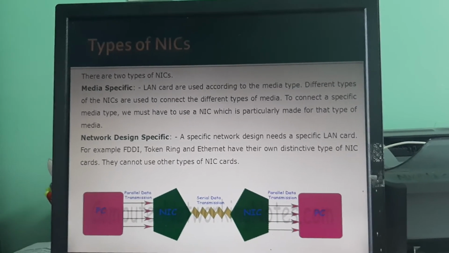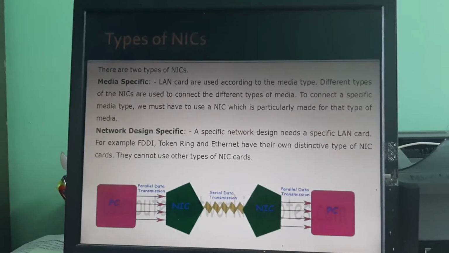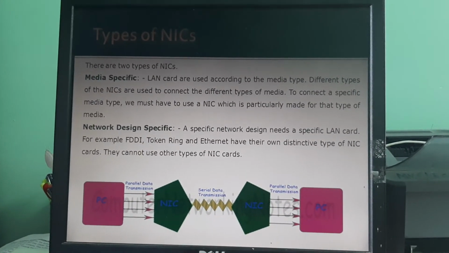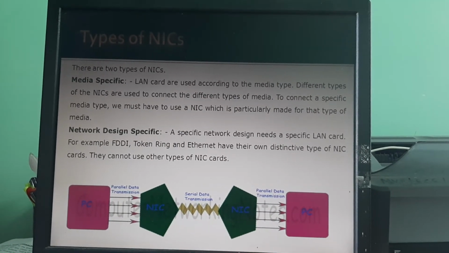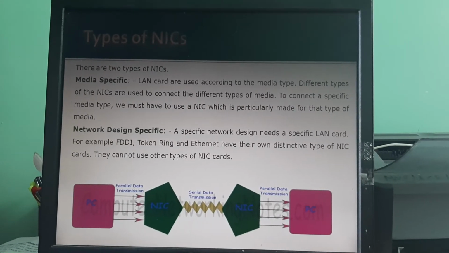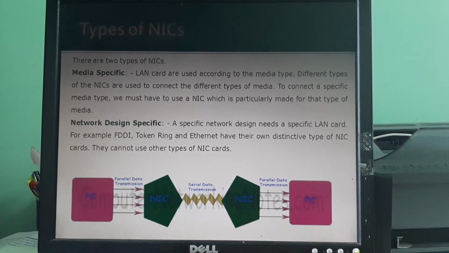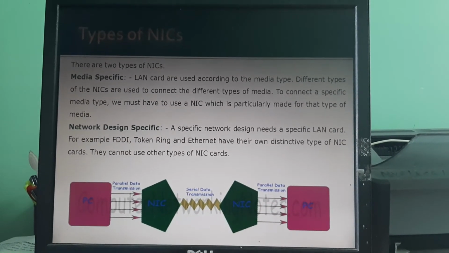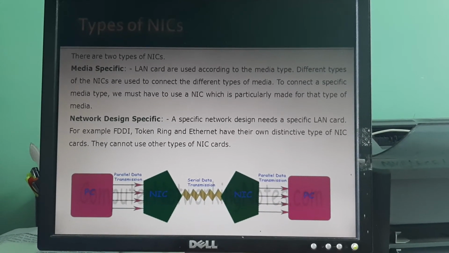But if the source is a parallel device and the destination is a serial device, and you want to transmit data between these two, that data transfer mode is called asynchronous data transfer mode, where the parallel data should be converted to serial data. In the same way, if you want to send data from a serial device to a parallel device, the serial data should be converted to parallel. For that purpose, this NIC is used.